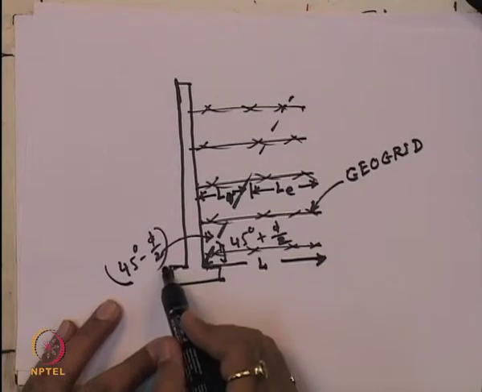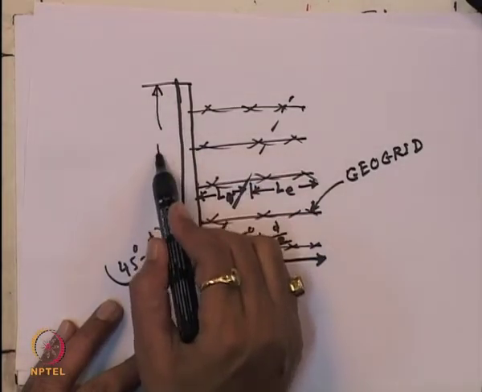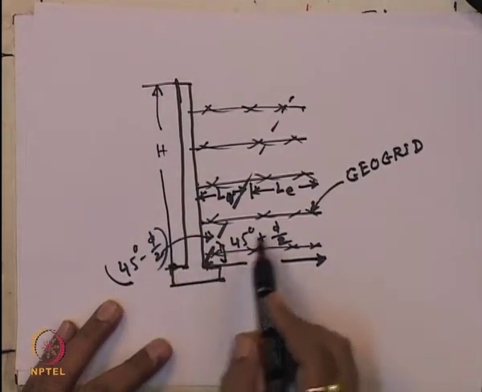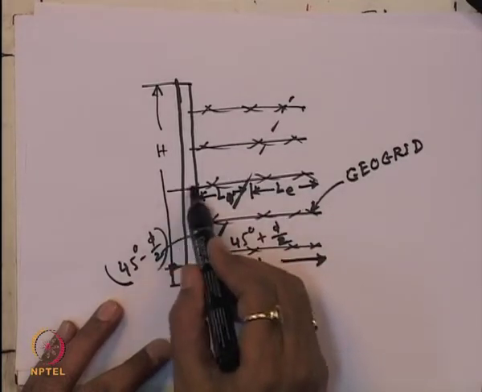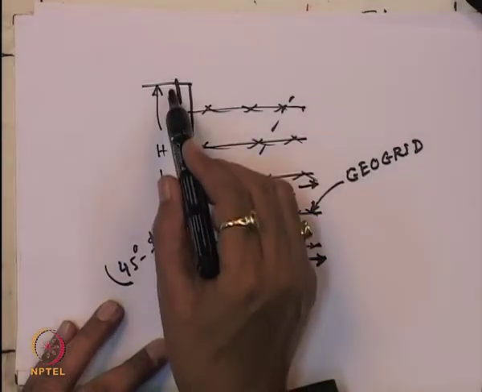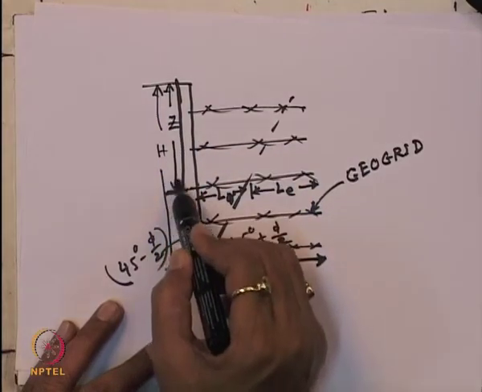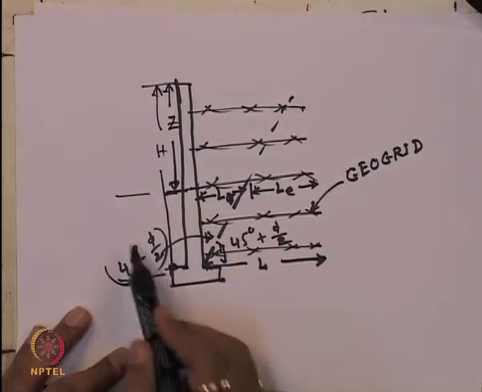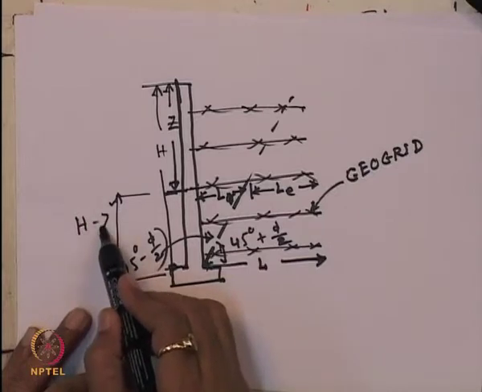That means if the height of the wall is equal to h, you are calculating at any depth. Let us say this depth is equal to z. So this height will be h minus z.